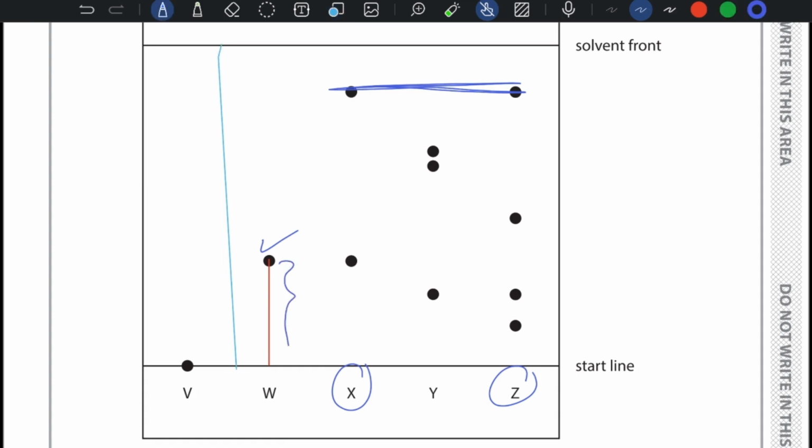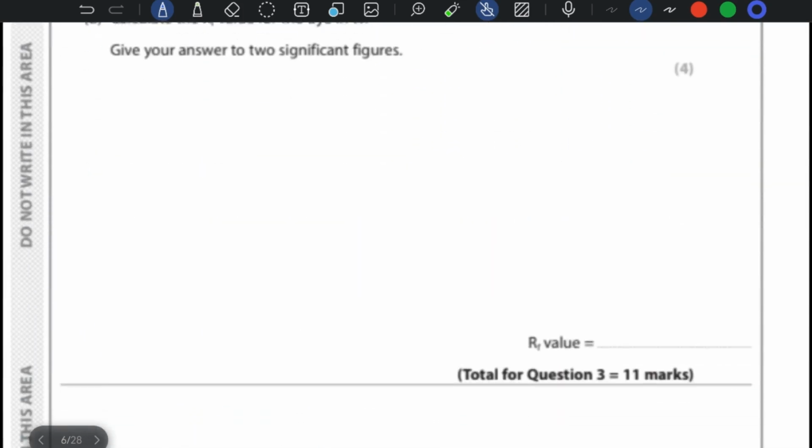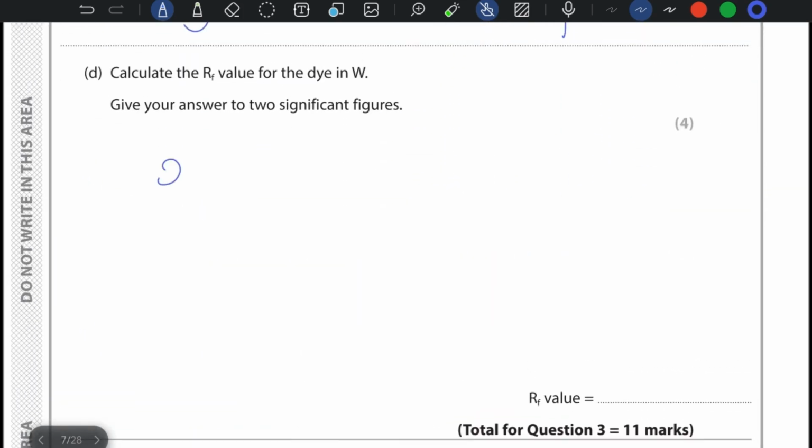Let's say this part divided over this part. When I measure this part, it's 2.9. When I measure this part, it's 8.5. So you have to divide 2.9 over 8.5.